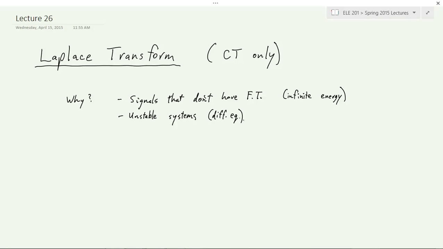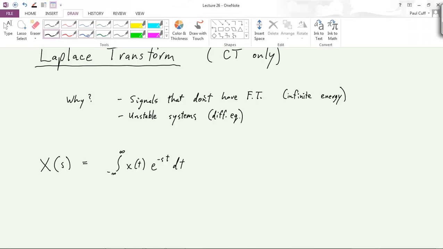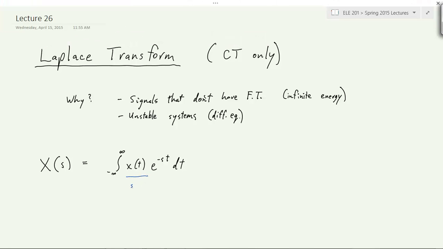Okay, so what is the Laplace transform? Well, here's the formula. X, we'll use capital X like we do for Fourier, of the variable s is the following integral. So if we have a signal x of t, then its Laplace transform is this function, this integral with the variable s in it.